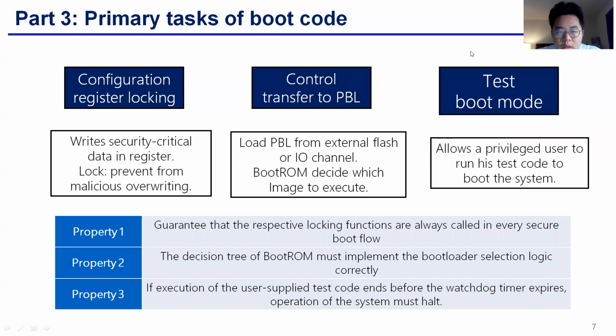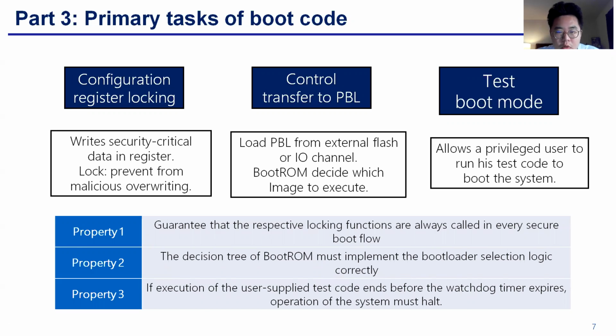I will introduce the primary tasks of the bootcode in three parts. The first part is configuration register locking. The configuration registers set by the boot ROM are used in several critical hardware security flows. They can be used to store keys, for temperature sensor configurations, and so on.